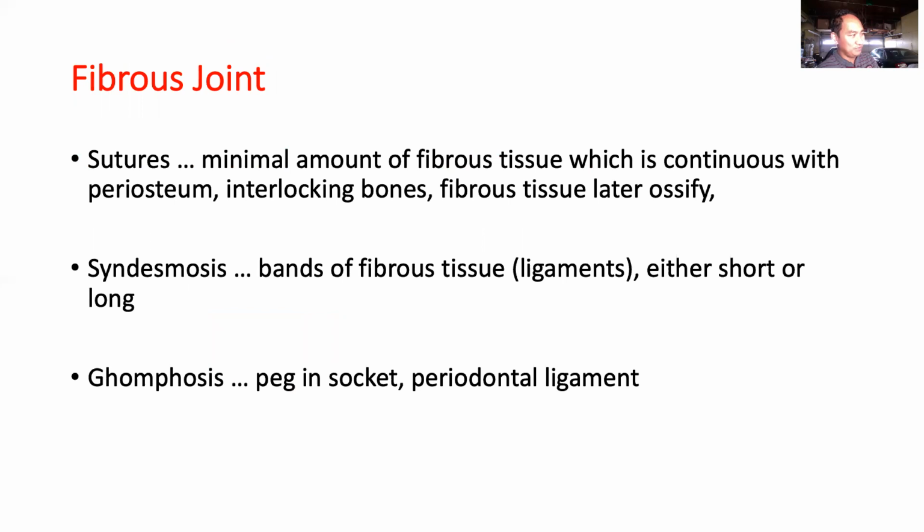Suture, as we all know, means stitching together. And then the two bones are joined together. There is minimum or no movement, and they are joined by fibrous tissue. This fibrous tissue is also in continuity with the periosteum. I believe we all remember what a periosteum is.